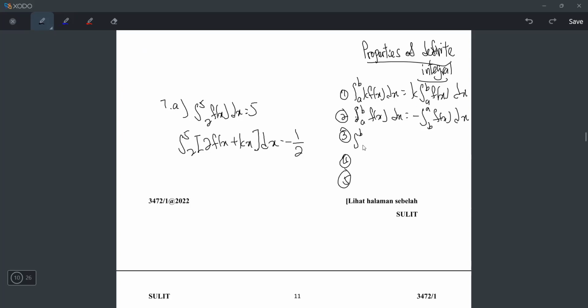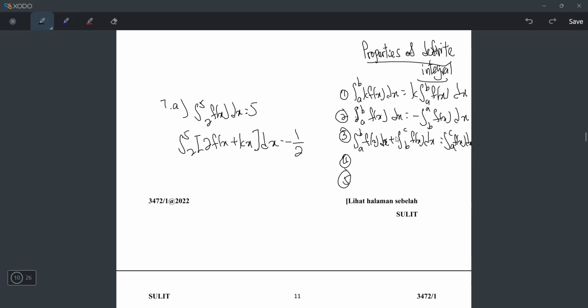Next one, if I give you integrate b to a, let's think about this. f(x) dx, and then plus integrate c to b f(x) dx. I can combine them, it becomes integrate c to a f(x) dx. Okay. So what do I mean by this?